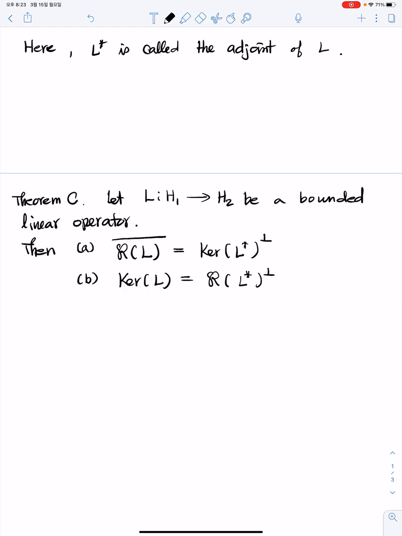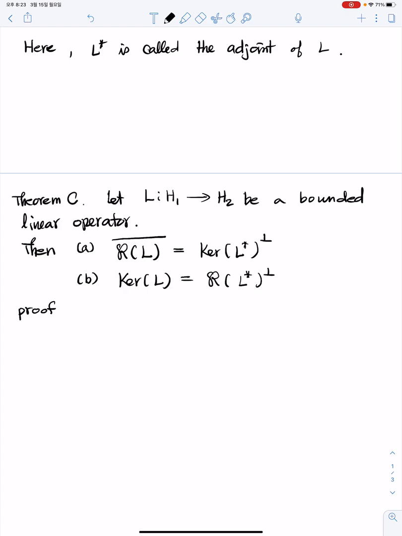So let's try to prove this statement. So proof. This will be a very important application in the future. So we would like to prove the statements over here. Okay, first one. So let's see.